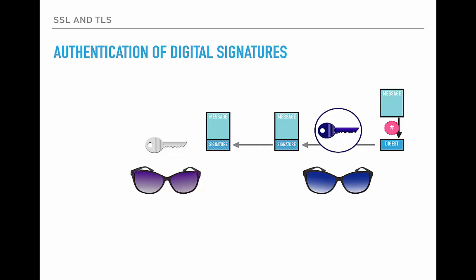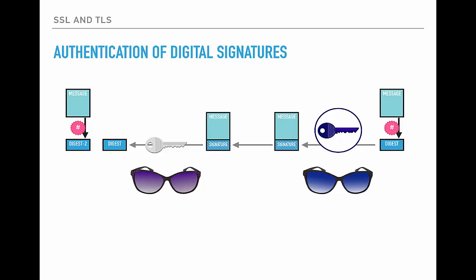When Violet receives the message, she decrypts the signature and obtains the original digest. She now has the digest and the original document. In order to verify that the document is from Mr. Blue and it has not been tampered with, she creates her own digest of the message using the same cryptographic hash function that Mr. Blue used.